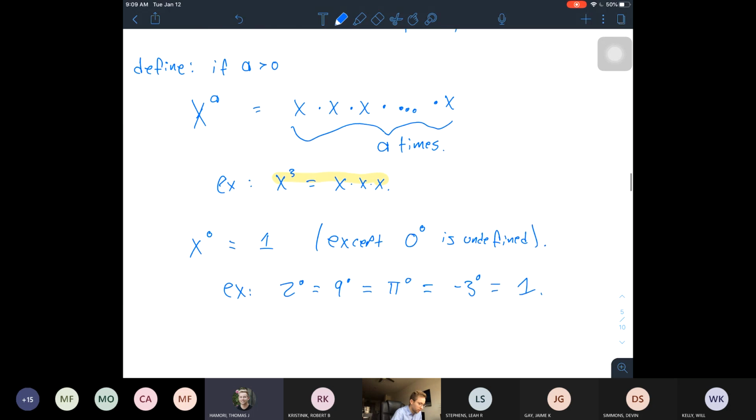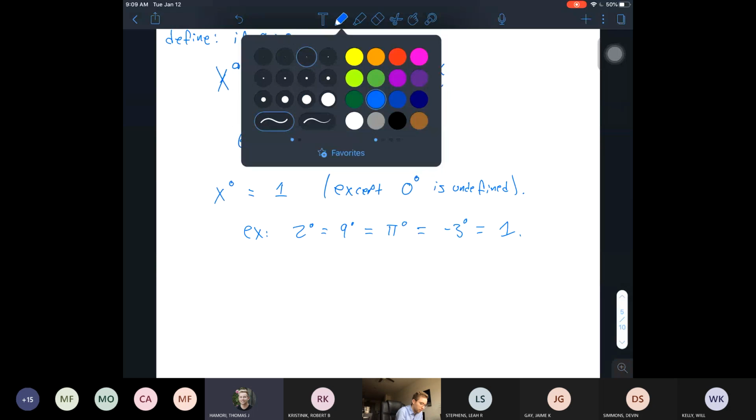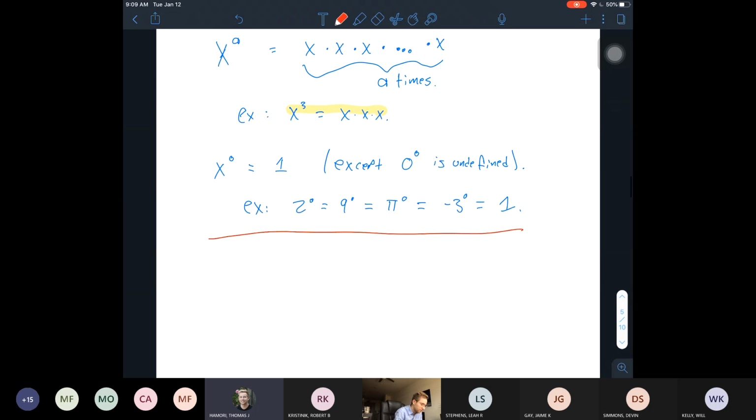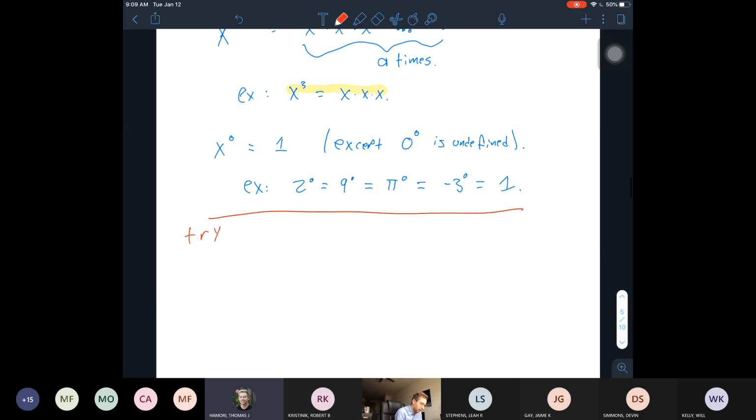Now I'll try to involve the class a little bit here. See if you can remember from when you probably learned this for the first time, maybe in algebra. Let's try on your own.